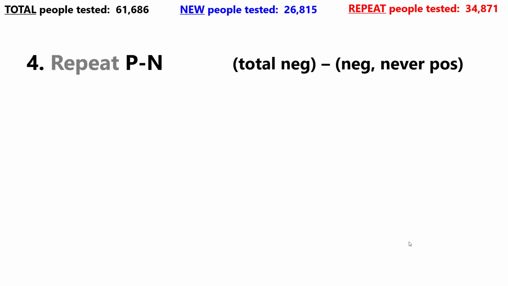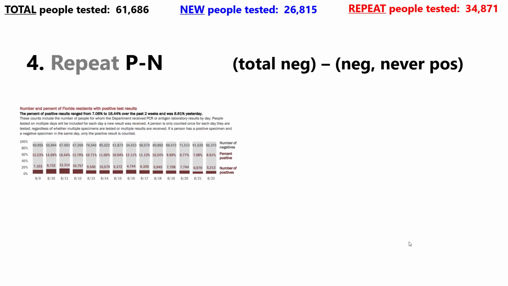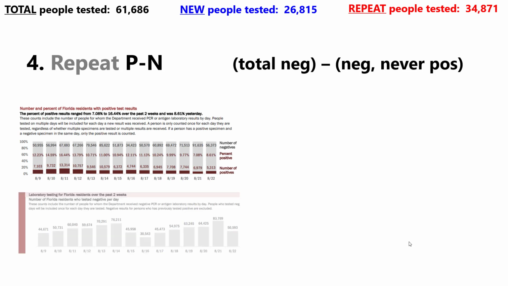So let's go back to how this is calculated. I'm going to take the total negative minus the people who are negative and never positive. That's not going to make much sense right now, but hopefully it will. So I'm going to look at two different sections of the statewide report. These are those two sections. And what I'm going to pull is this, because remember, we're trying to classify people who tested negative today.